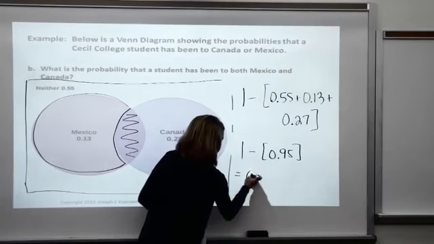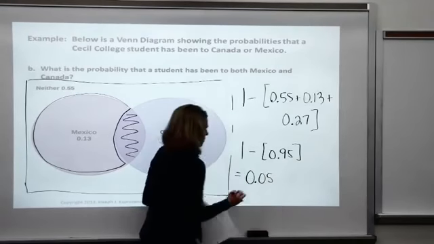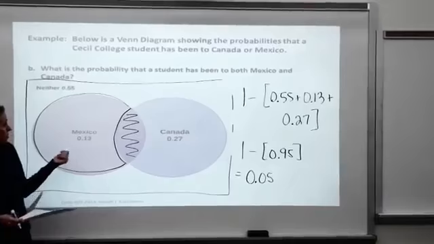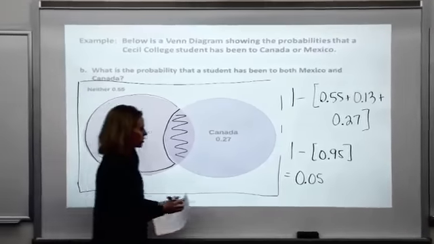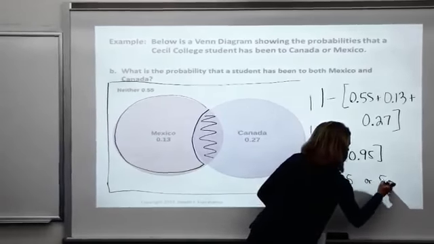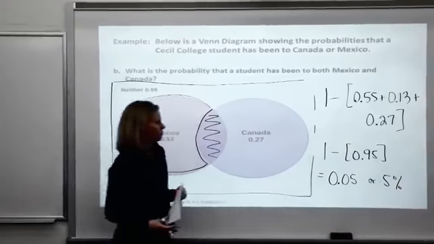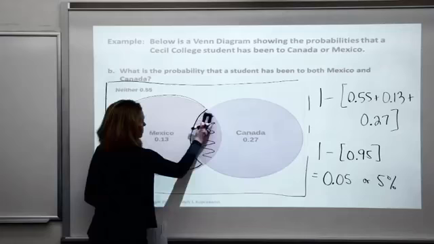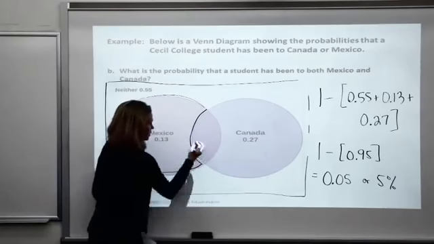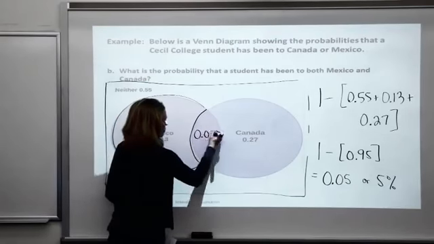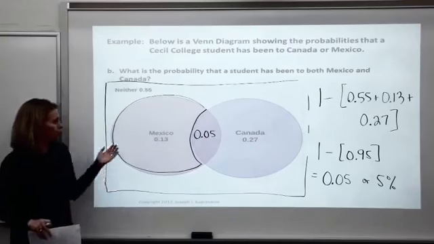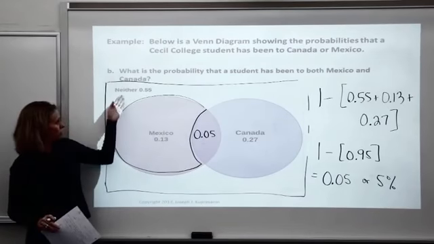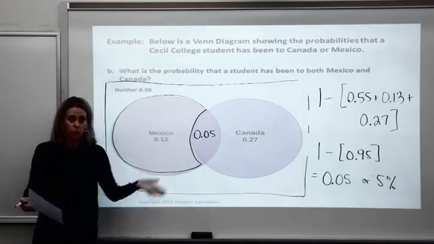So that must mean that there is a 0.05 or a 5% chance that a student's been to both countries. And so on your Venn diagram now, we could even fill in that this is 0.05. When you have a diagram like this, and the whole thing's filled in, all your probabilities will sum up to 1.